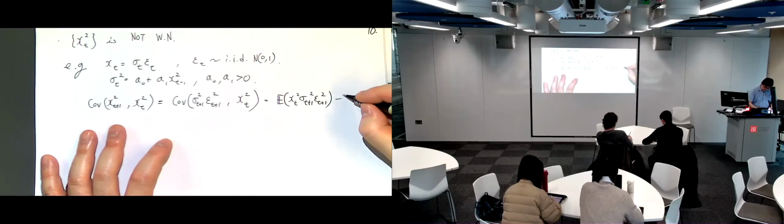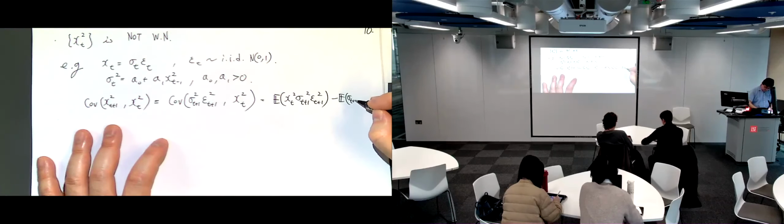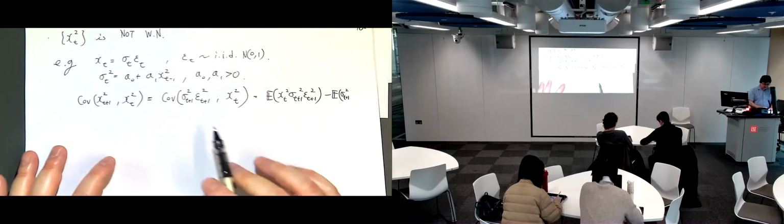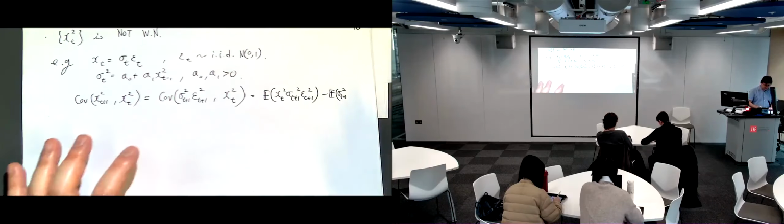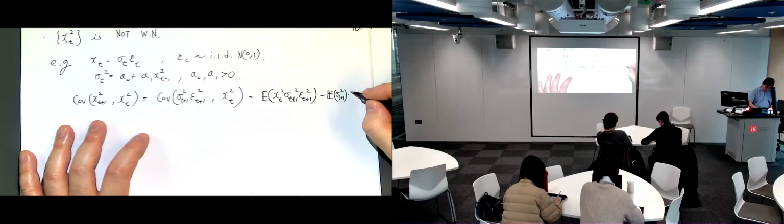And the expectation of sigma t plus 1 squared and epsilon t plus 1 squared can be separated, right? They're independent of each other.